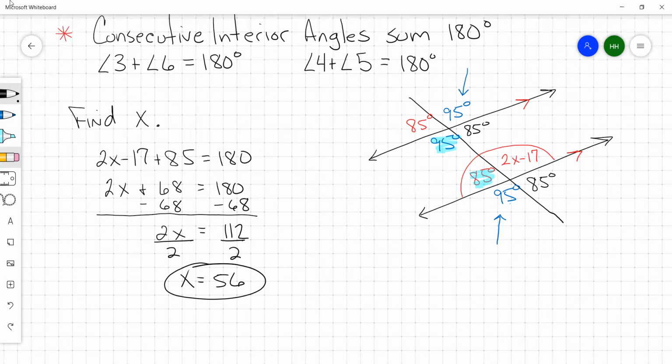The key is to identify the angle relationship and then solve for the angle. Any questions?